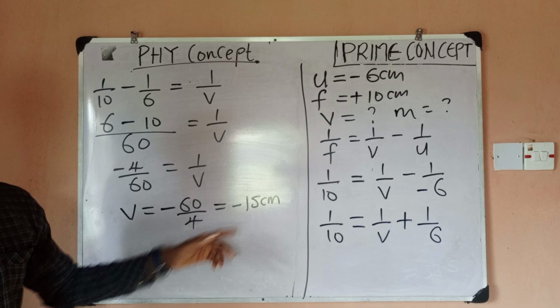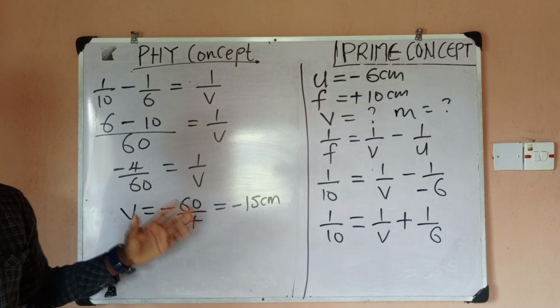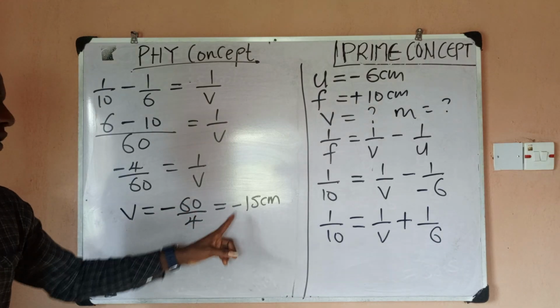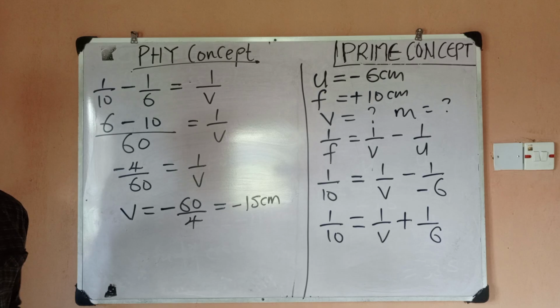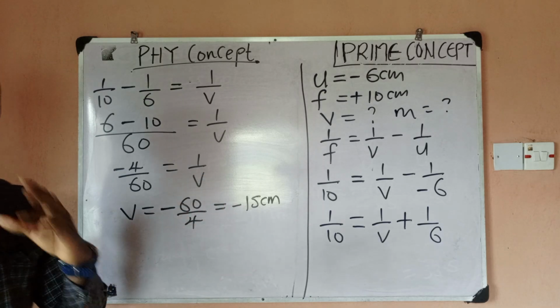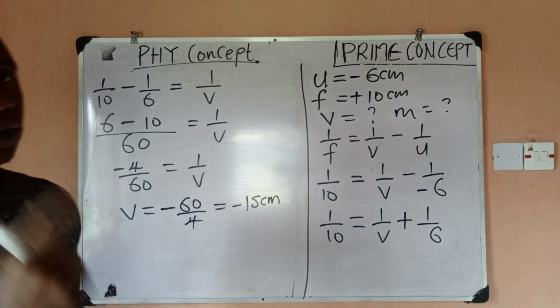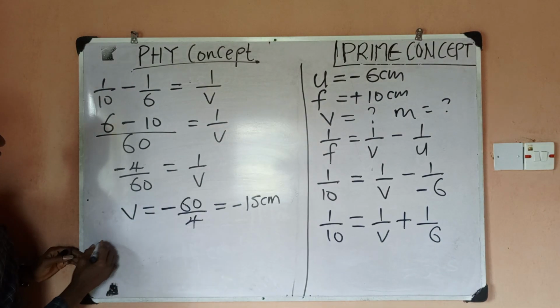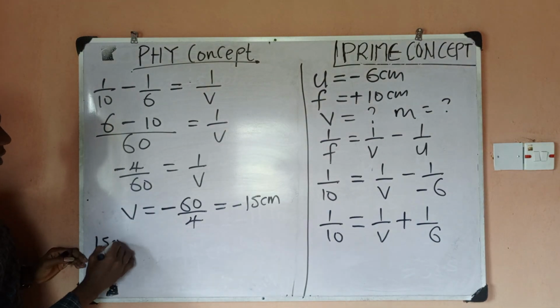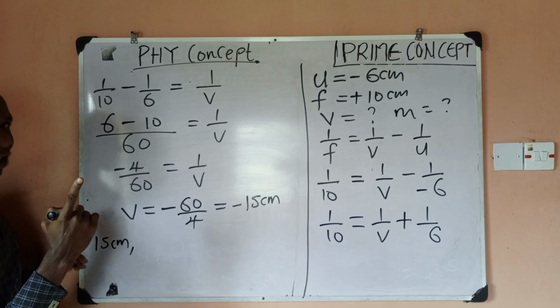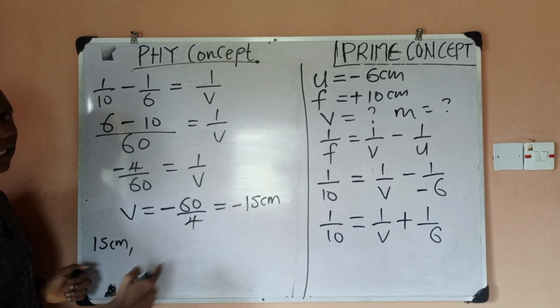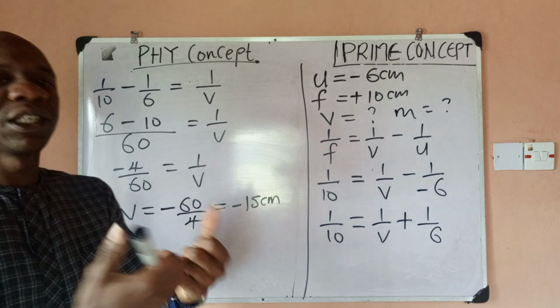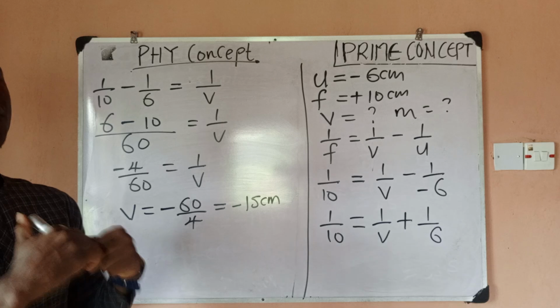Now, will you see minus if you were writing an objective exam? No, you won't see this negative sign. The negative sign in your answer simply describes the nature of the image. You're going to notice that your position is 15 cm, and then the nature is, since you have negative, it means that your image is formed on the same side as your object.